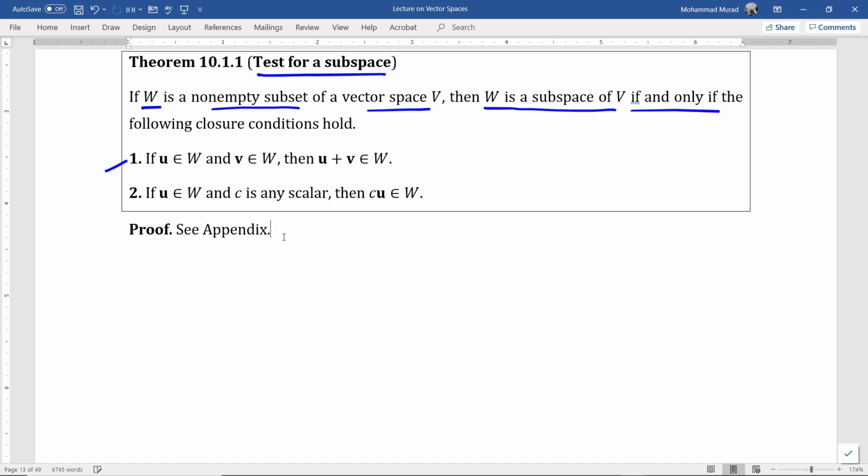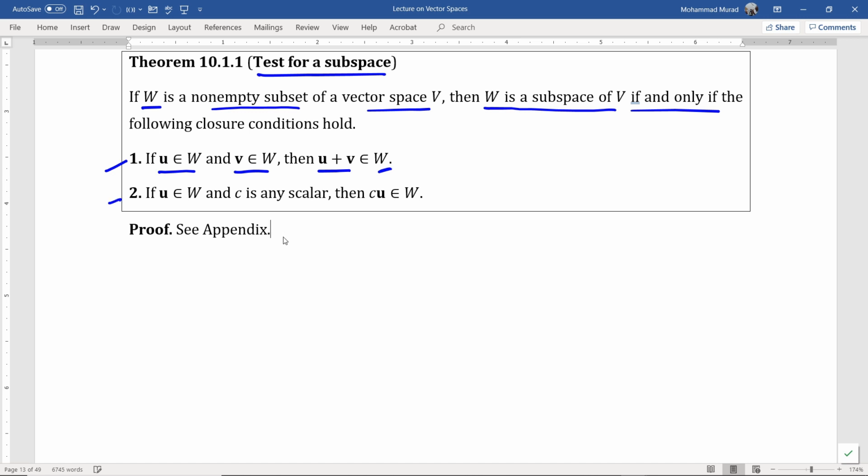The first condition: if u is an element of W and v is an element of W, then the sum u plus v is also in the set W. So property 1 says that W is closed under vector addition.